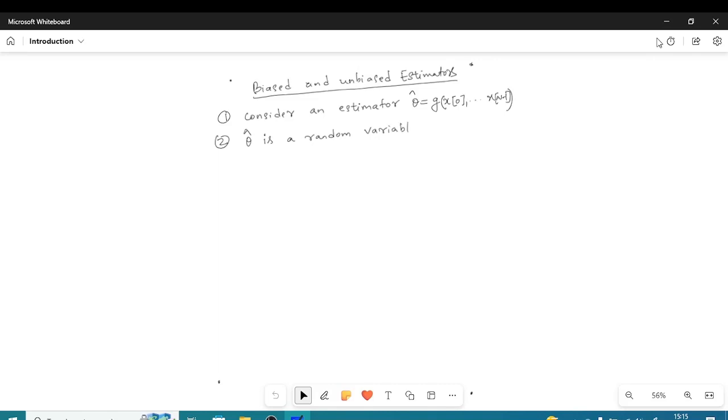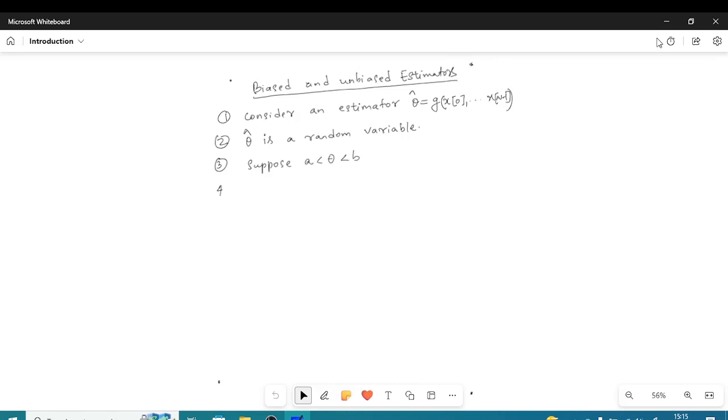Now suppose theta lies in the range A to B, then what do we mean by unbiased estimation or unbiased estimator?